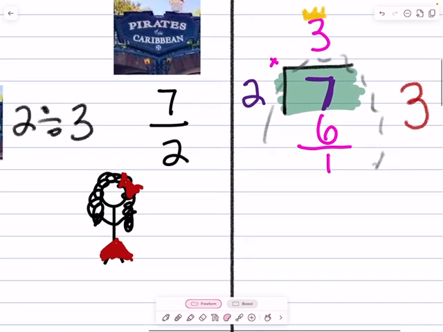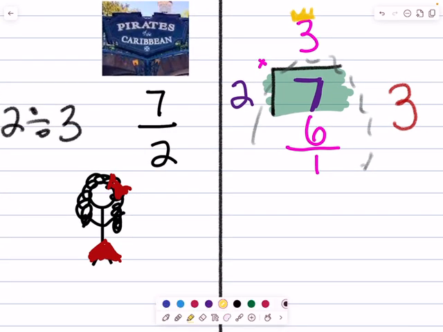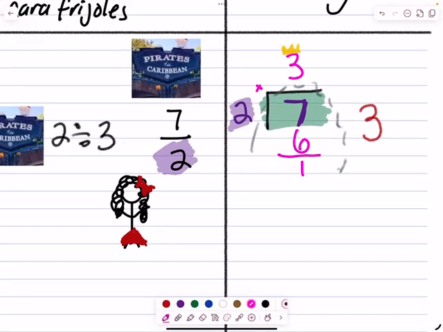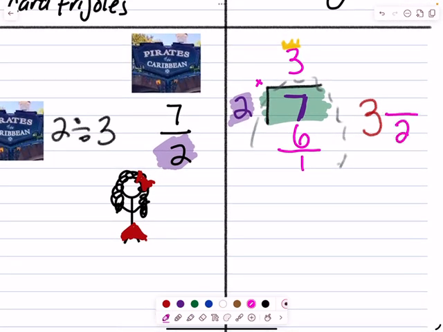And then the denominator. I always tell this to my middle schoolers, the denominator is always a denominator, and it always stays the same. It's the dude out here, which is 2. The denominator, remember, is a dinosaur that goes on the bottom. Then, to tell you a secret, this little guy down here on the bottom of the mountain, I call him the little lost boy because he says, I don't know where to go.